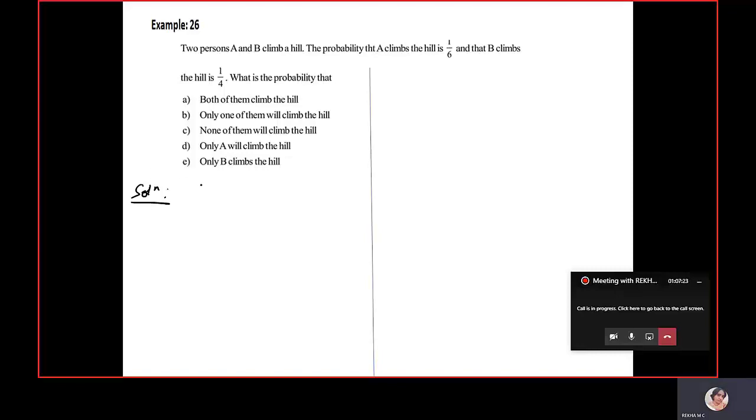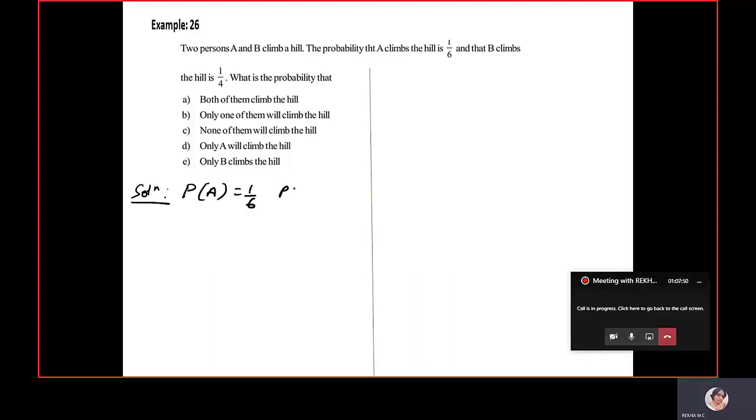So here, the probability of A climbing the hill is 1/6. I'll take it as probability of A climbing the hill, that is equal to 1/6.